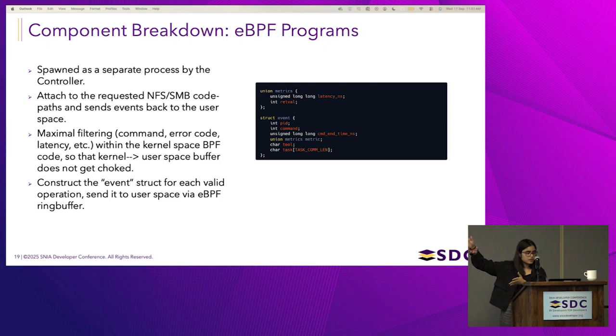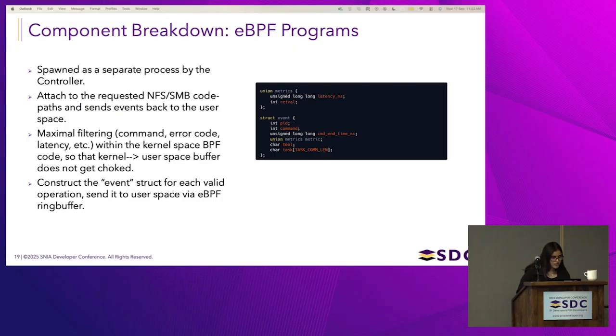The metrics include latency in nanoseconds or the error code. And then we have the tool name, smbslower, nfsslower. This is going to be used in the further processing steps to segregate the events for each anomaly type. And then we have the name of the task that triggered this particular operation.